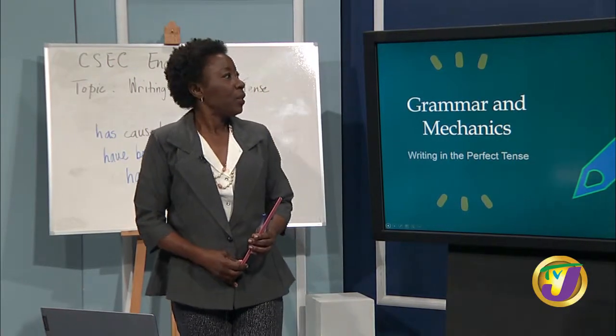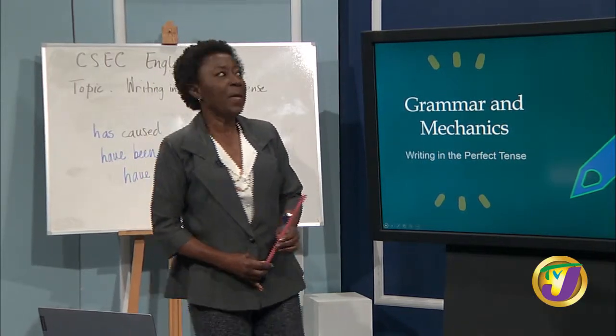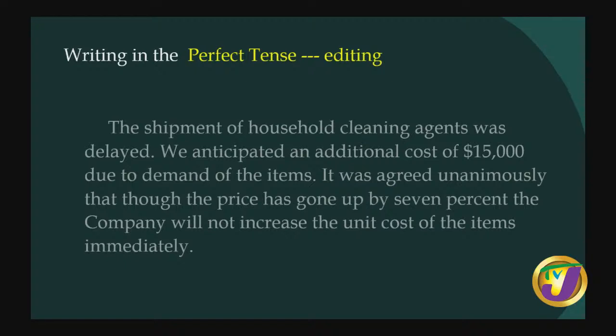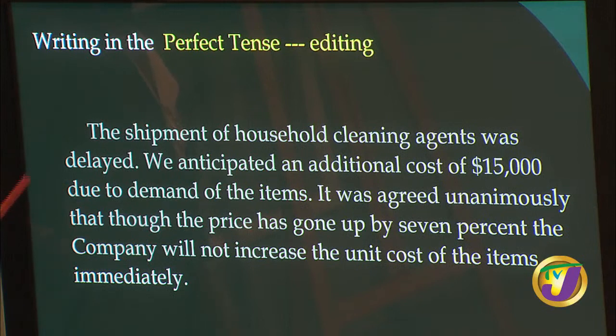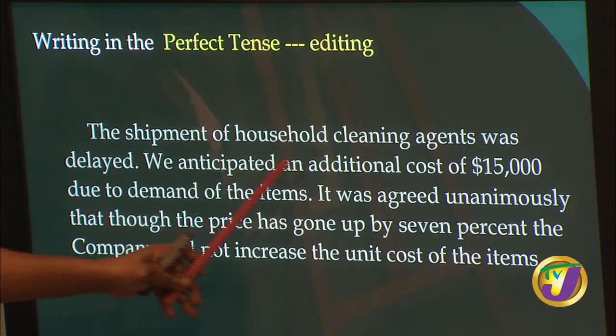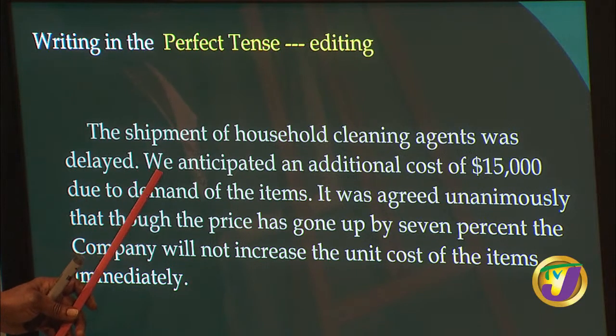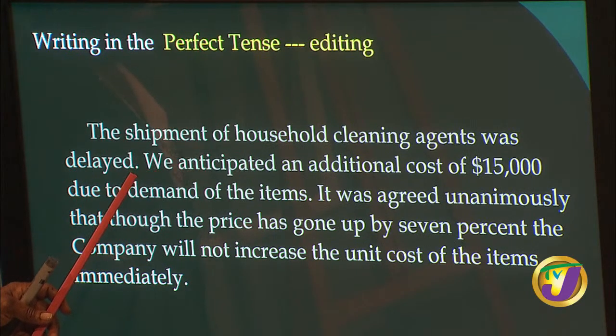All right. So here is another one, and this one is from the minutes of a meeting. Let us see what we can do with this one. The shipment of household cleaning agents was delayed. So the person is reporting in a meeting.